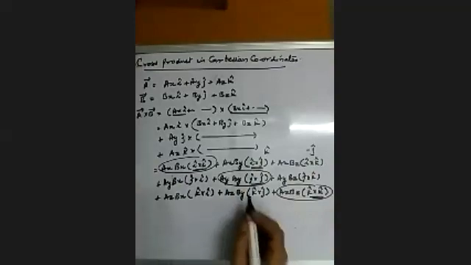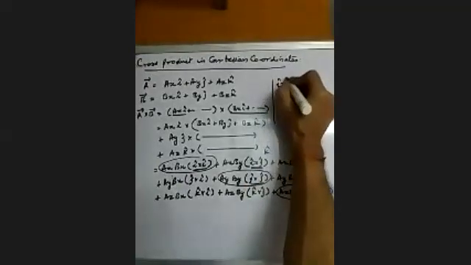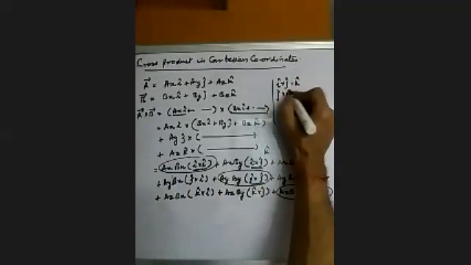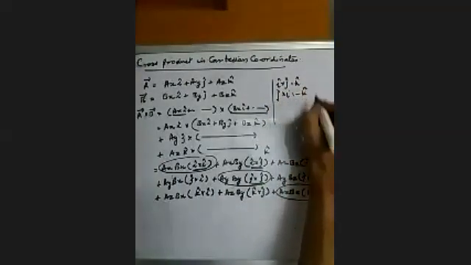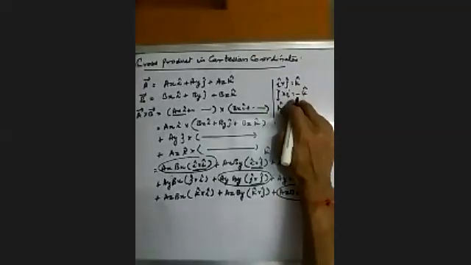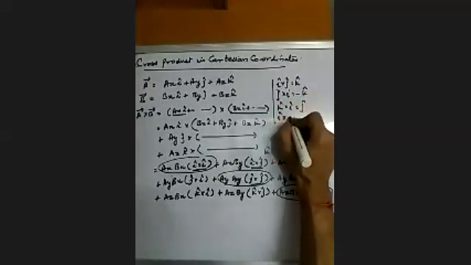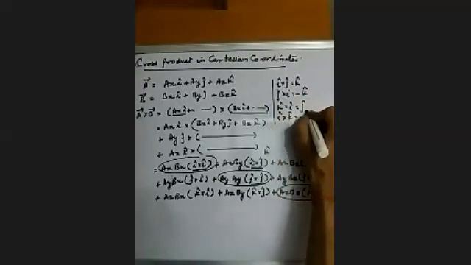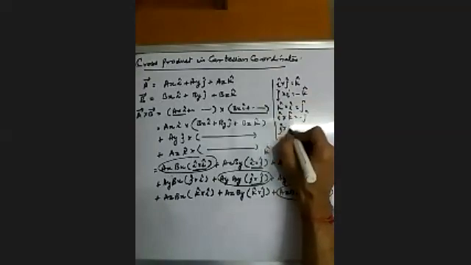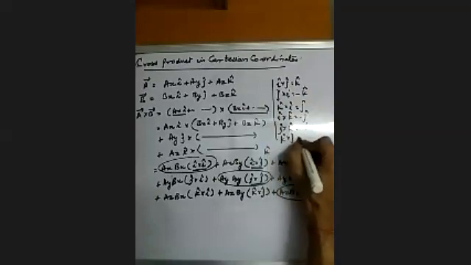And we have already discussed this, that i cross j is equal to k, but j cross i is equal to minus k cap. Similarly, k cross i is j and i cross k is minus j. Another one is j cross k is i, but k cross j is minus i.